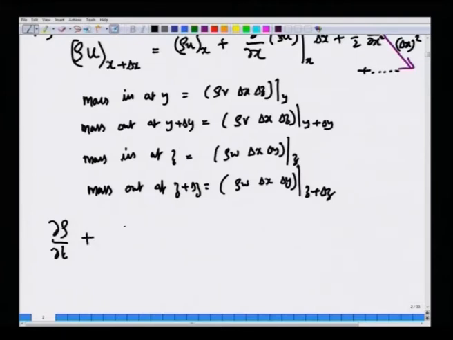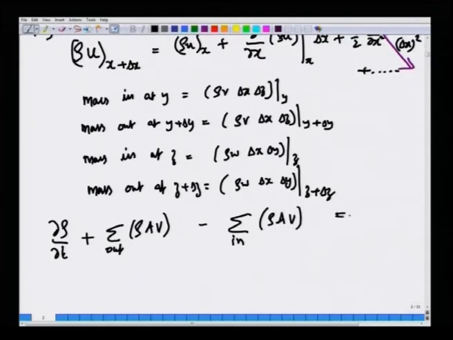Now, we are going to use this equation: d rho dt plus the summation over all outlets of rho a v, minus the summation over inlets of rho a v, is 0. So, d rho dt plus, now let us look at all the three faces separately.